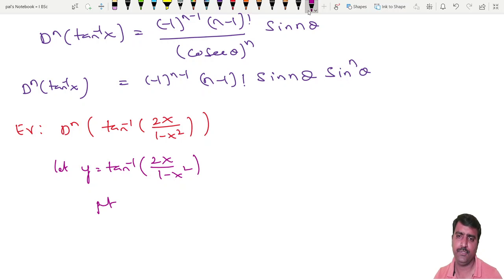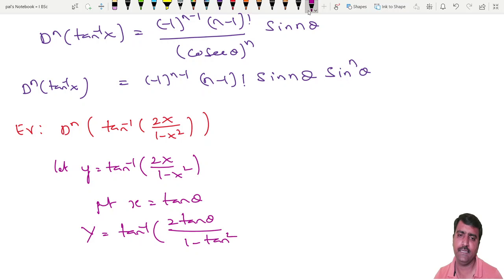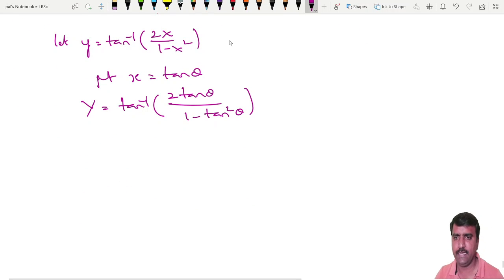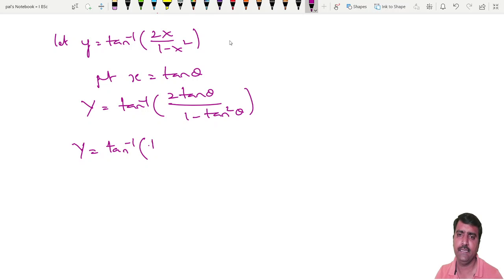So now put x is equal to tan theta. Then y is equal to tan inverse of 2 tan theta by 1 minus tan square theta. This can be written as tan 2 theta.